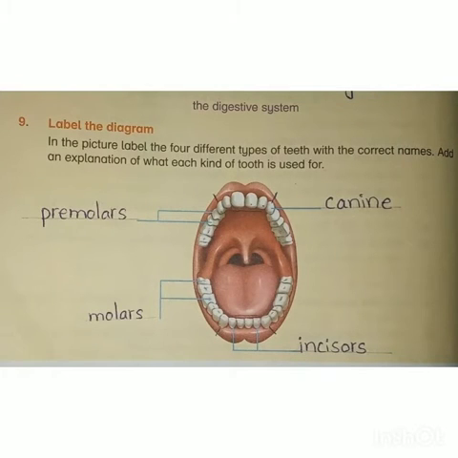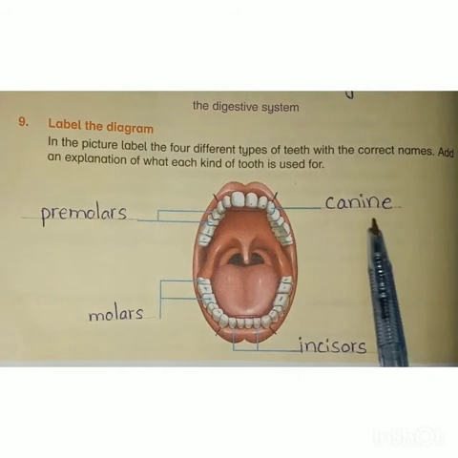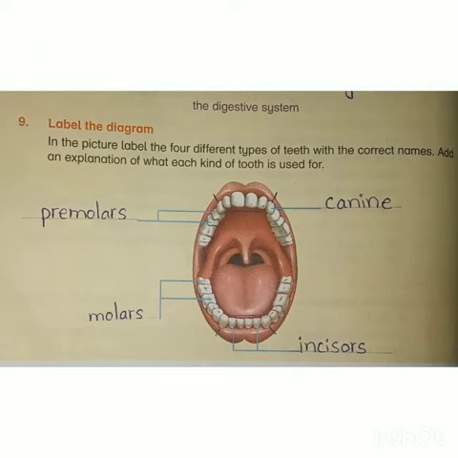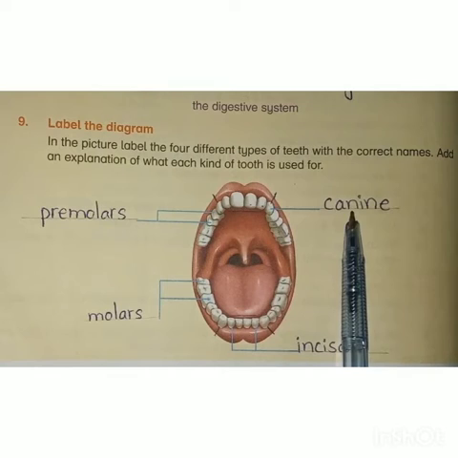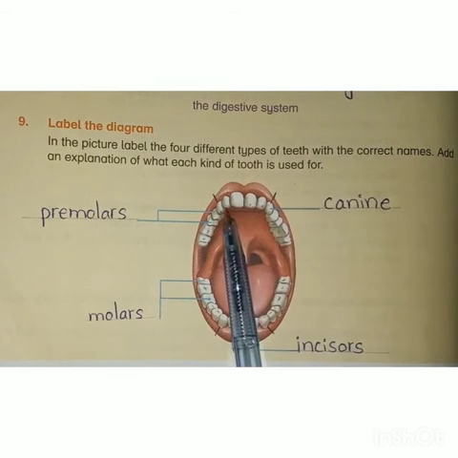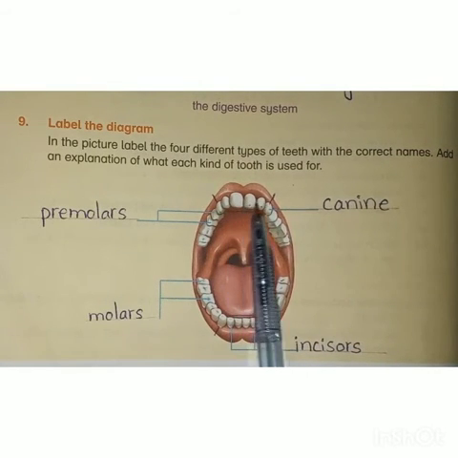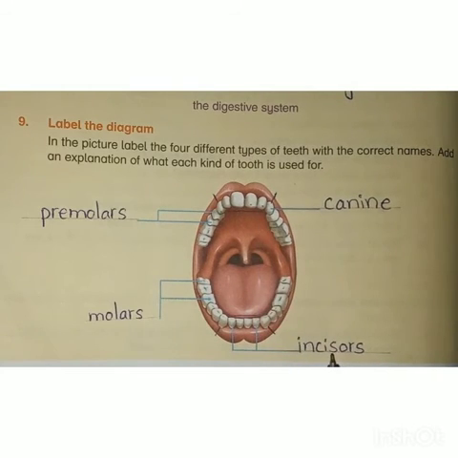Now, the second type of teeth are canine teeth. Canine teeth are beside the incisors, meaning the teeth which are present beside the incisors are called canine teeth. You can see these 4, 1, 2, 3, 4, are incisors and canines are beside the incisors.